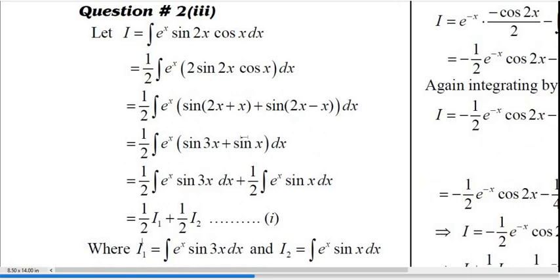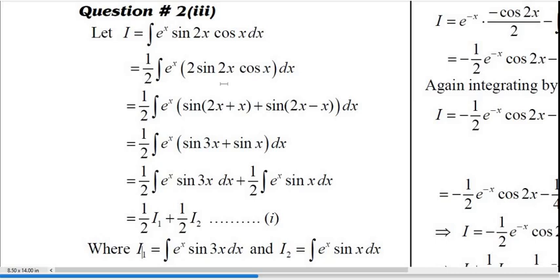Part number 3 is: let I be equal to integration of e power x sin 2x cos x d of x. Okay, we apply the identity by dividing and multiplying this whole function by 2, 1 by 2 into e power x 2 sin 2x cos x d of x.